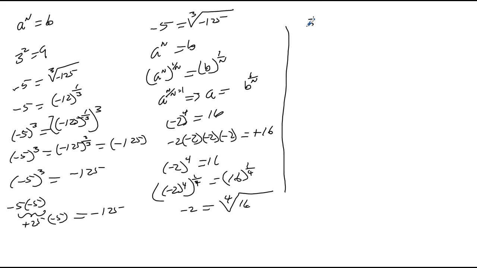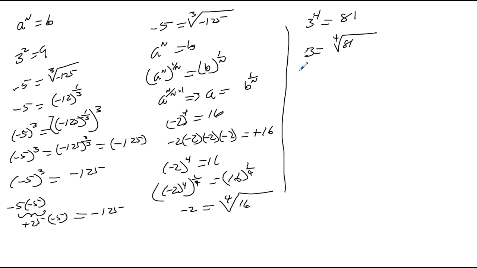So let's say 3 raised to the power of 4 is equal to 81. Okay. So if I take the fourth root of both sides, that leaves 3 is equal to the fourth root of 81. Okay. So what is that?